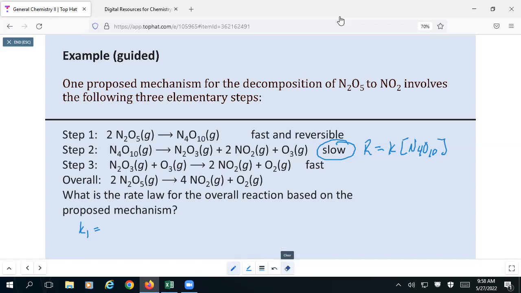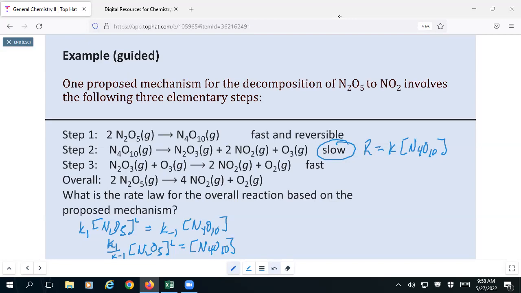K1 times N2O5 squared is equal to K opposite 1 times N4O10. Solving for N4O10, we get K1 over K opposite 1 times N2O5 squared is equal to N4O10.